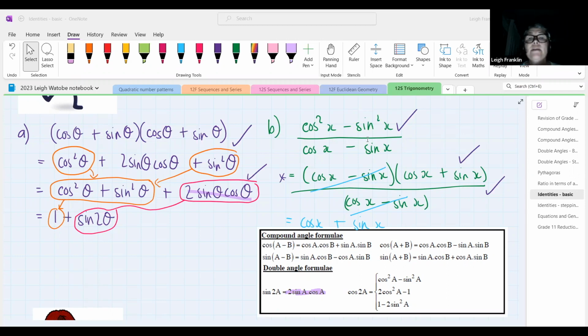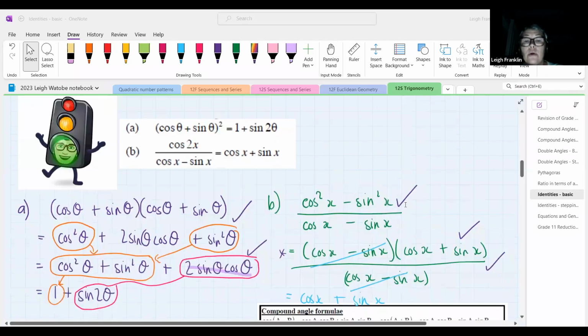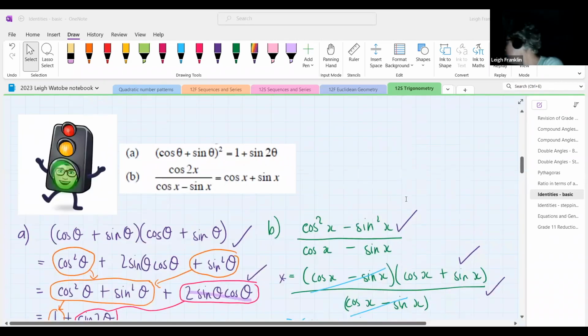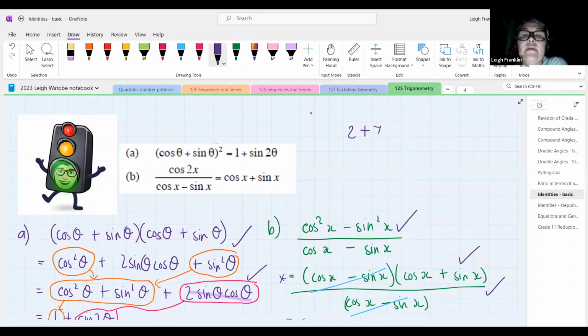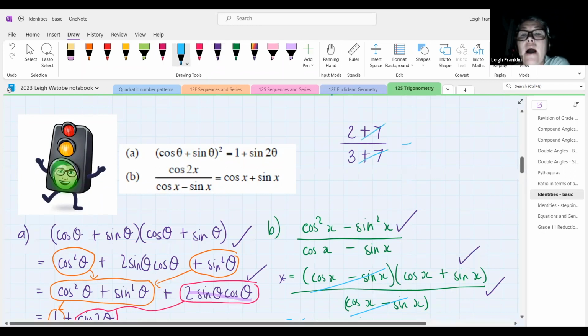Now, the reason why that doesn't work, matrics, is because if you cancel over plus and minus signs, look at what happens here. If I take something like 2 plus 7, and at the bottom I have 3 plus 7. If I go ahead and cancel out my 7s, I'm saying that 2 plus 7 over 3 plus 7 is equal to 2 over 3.